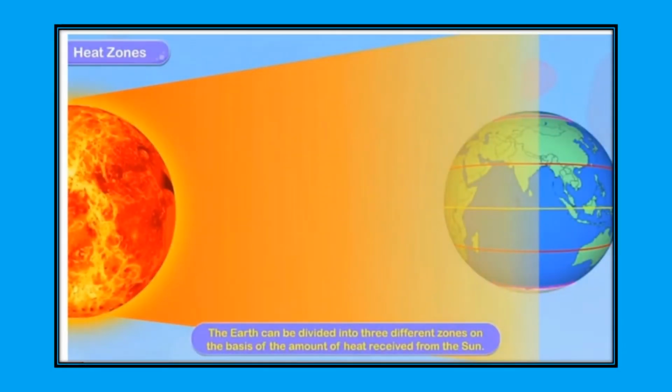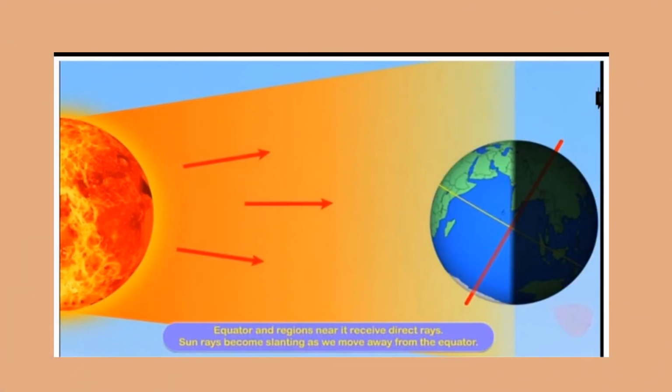The Earth can be divided into three different zones on the basis of the amount of heat received from the sun. The equator and the regions near it receive direct rays. Sun rays become slanting as we move away from the equator.